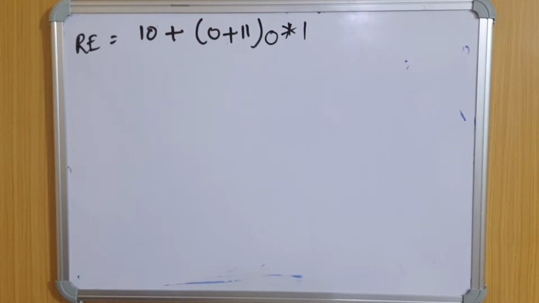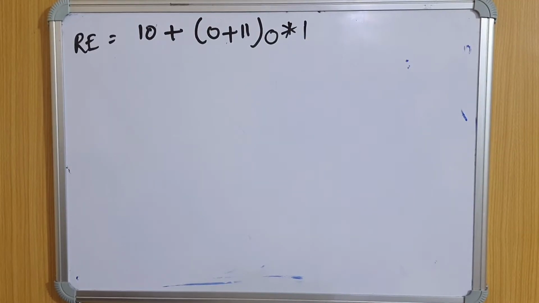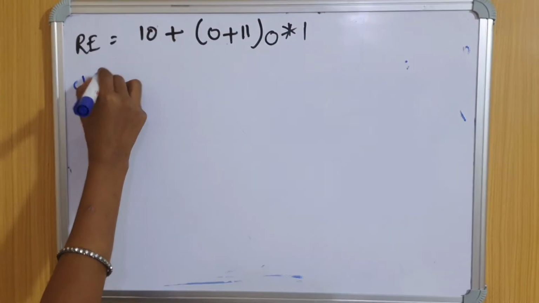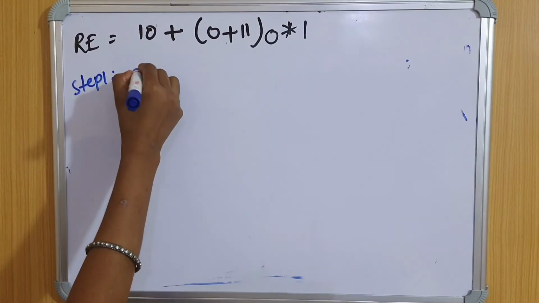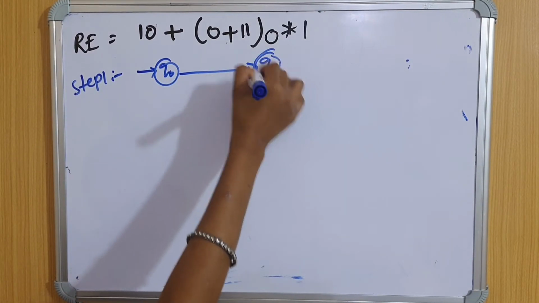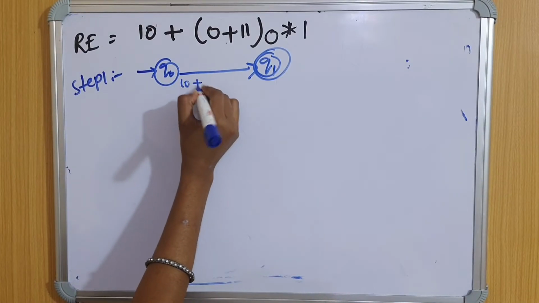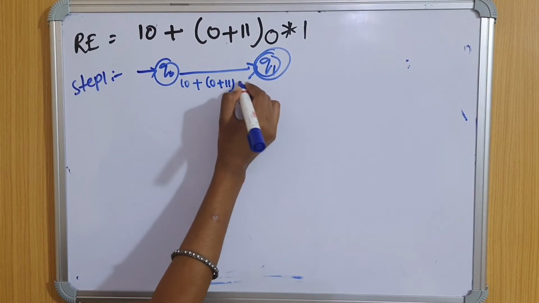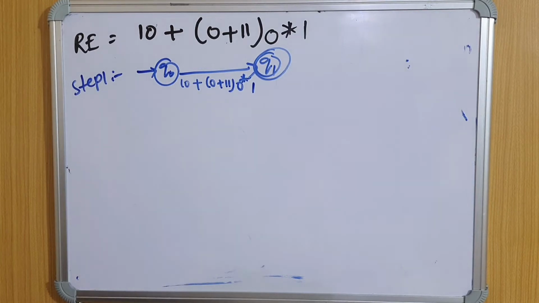I have to convert it into a DFA: first with epsilon moves, then without epsilon moves, then DFA. Step 1: directly Q0 to Q1 final state, with 10(0+11)0*1.